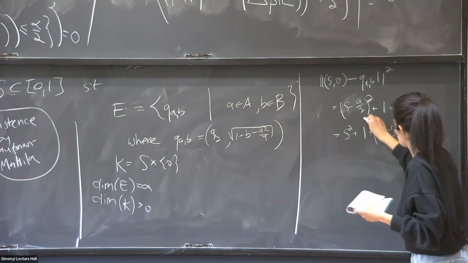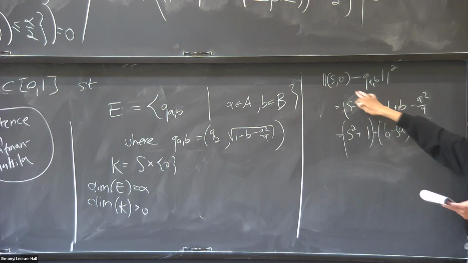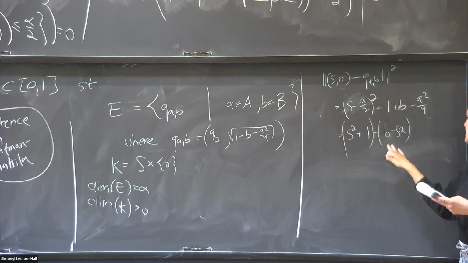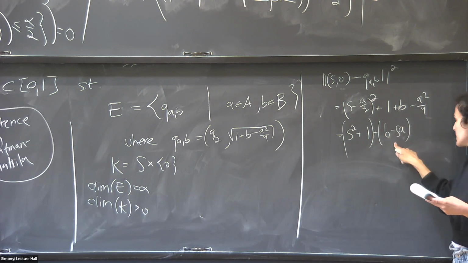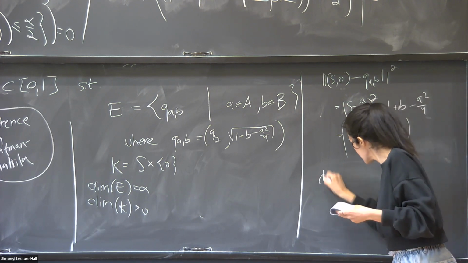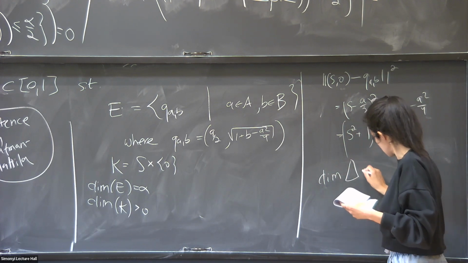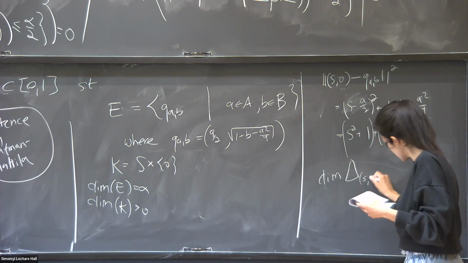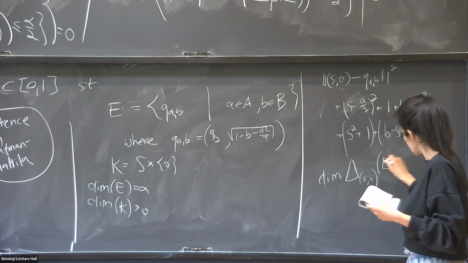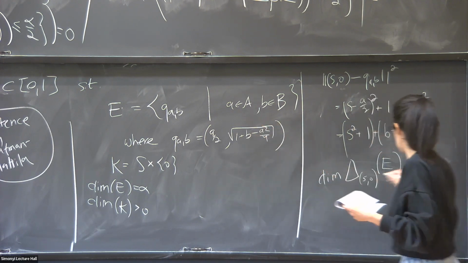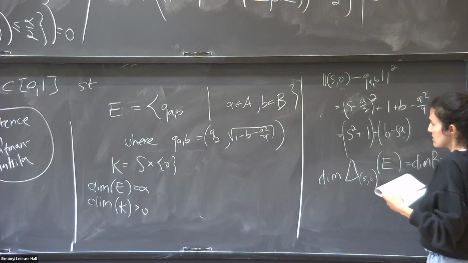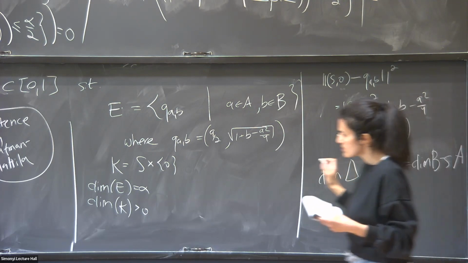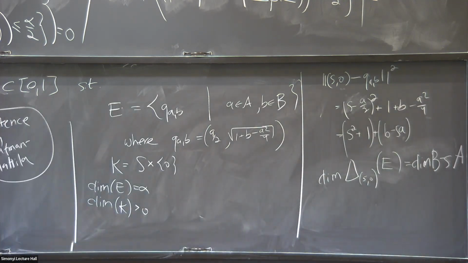So when this point is fixed, this is just a constant. And here, if we go through all the points, all of a and b, the dimension of the distance set between the point (s, 0) and the set E that we defined is the same as the dimension of b minus sa. Did I write here b minus sa? No.